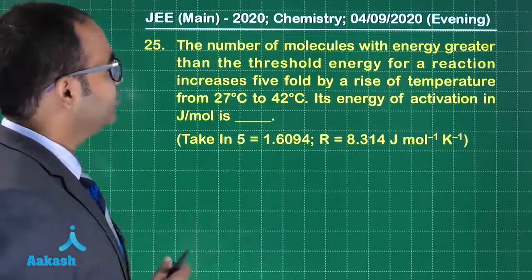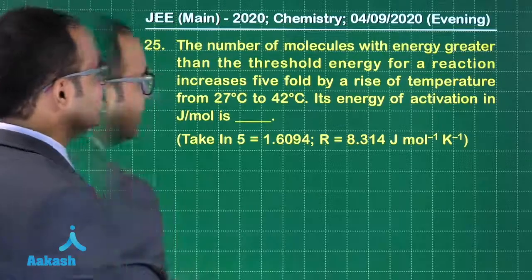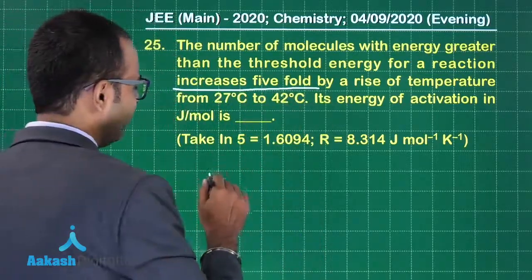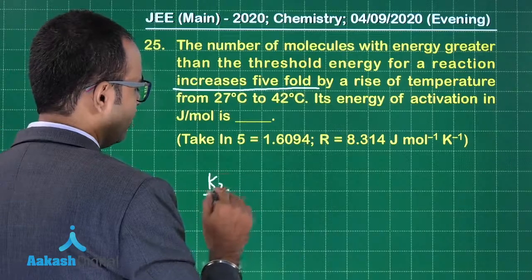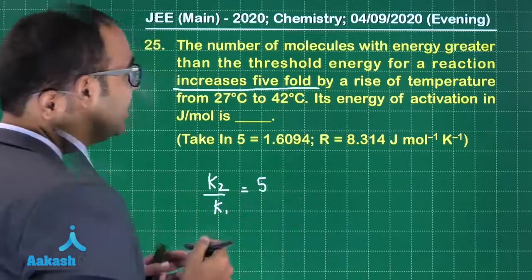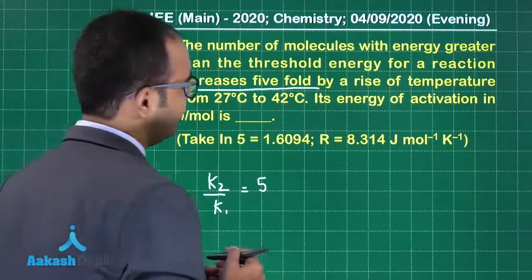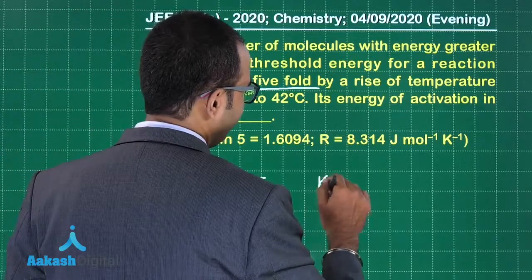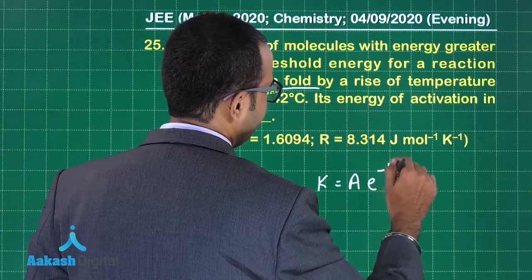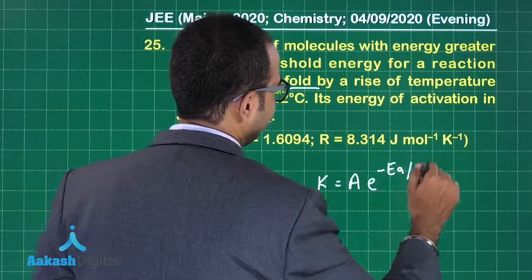In this case, what we should note is it increases by 5-fold. Basically, they are giving us the ratio of K2 by K1. This is 5. Now, what we do over here is we take help of the Arrhenius equation, that is A e raised to minus Ea by RT.